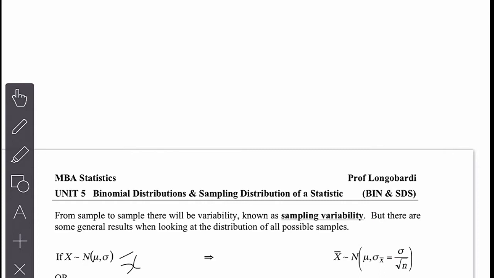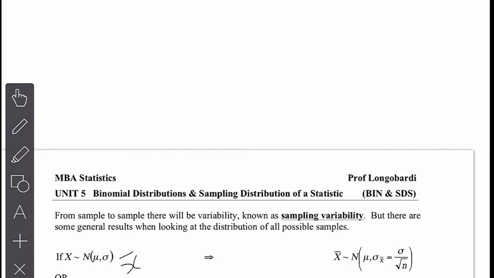There's less variation in the sample mean than there was in the original variable. Even though the expected values are the same, the variation is smaller, and smaller by a factor of dividing by the square root of n.